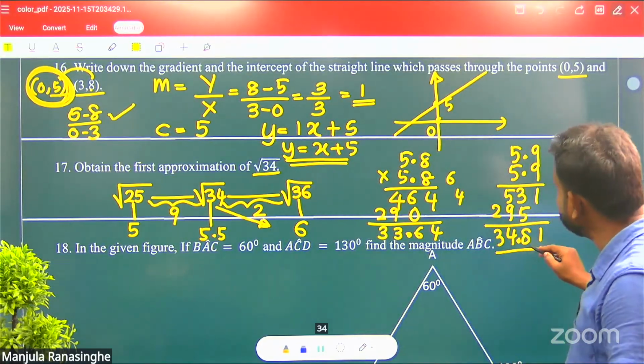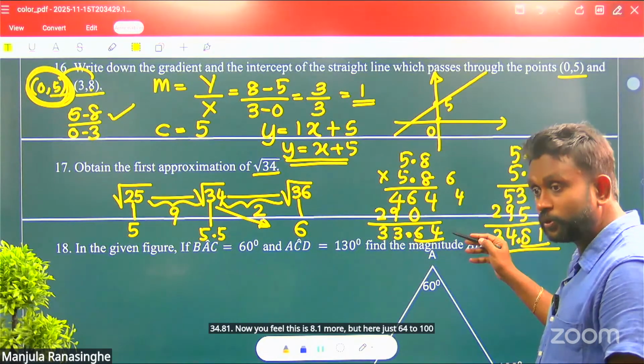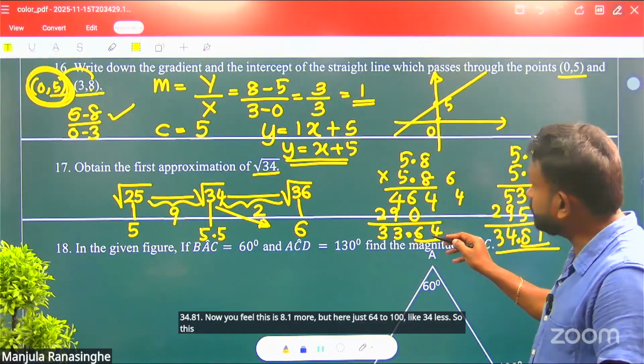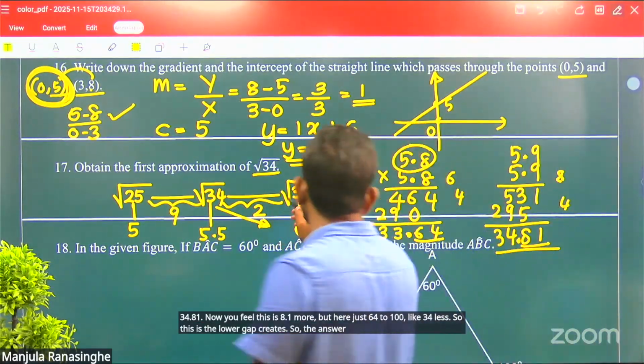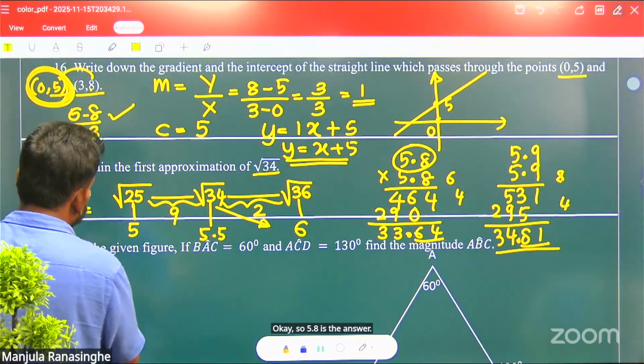Now you feel this is 81, more, but here just 64 to 100, like 34, less. So this creates the lower gap. So the answer should be 5.8. Okay, so 5.8 is the answer. We choose the correct one.